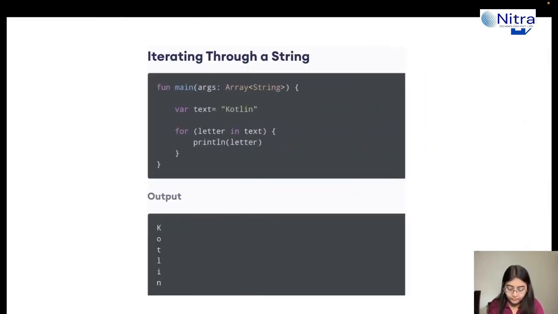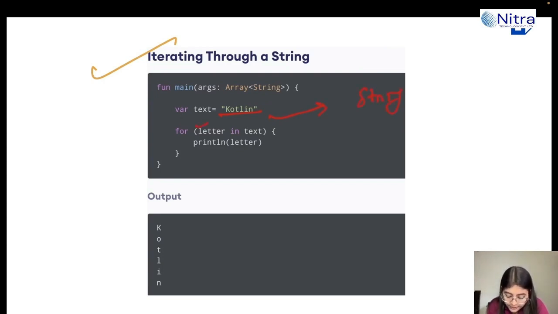Perfect. And here is another example of for loop. We have a text Kotlin. This is a string, of type string.